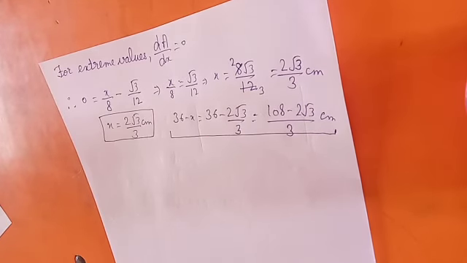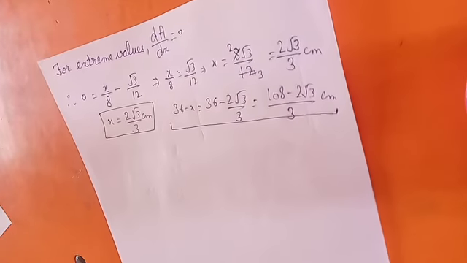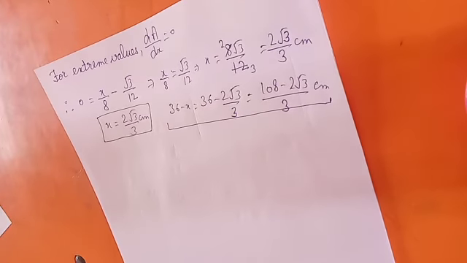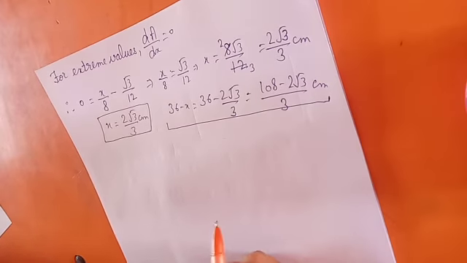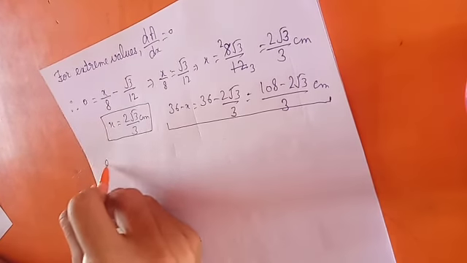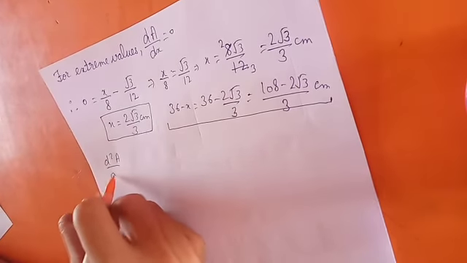Now we have to check whether the sum of their areas will be maximum or minimum. To do that, first of all, we have to do our double derivative. Double derivative means find d square A by dx square.